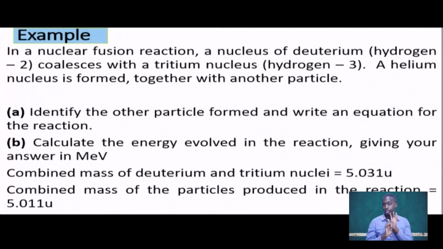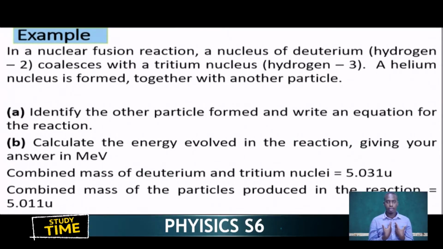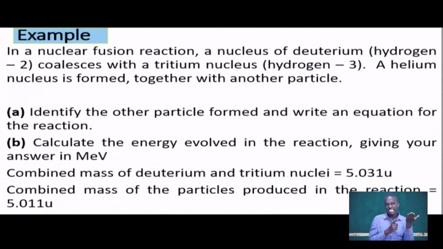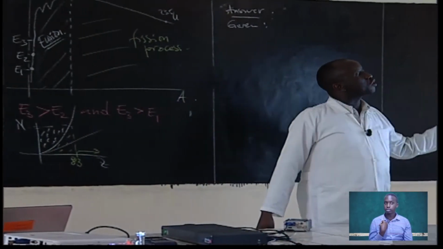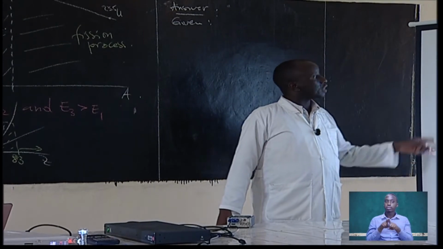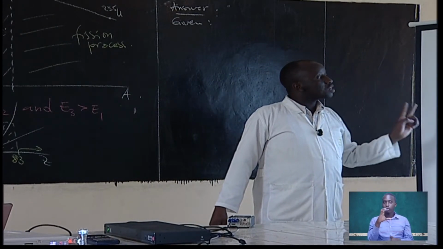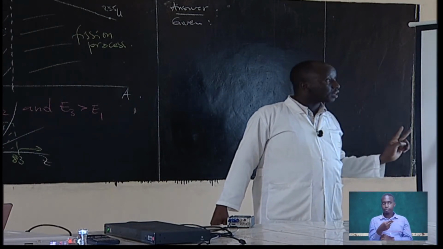From this example, what is being given? Look, the reaction that we have, do you think it is this one or another one? It's because they are telling us that in a nuclear fusion reaction, a nucleus of deuterium, that is hydrogen 2, coalesces with the tritium nucleus, hydrogen 3.